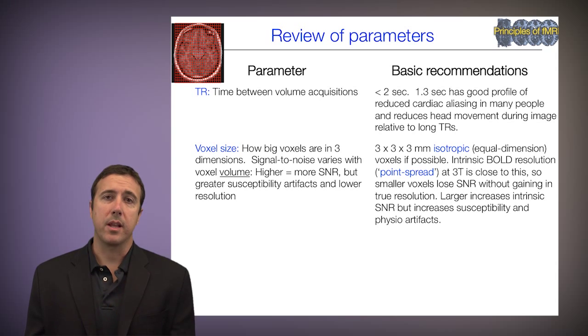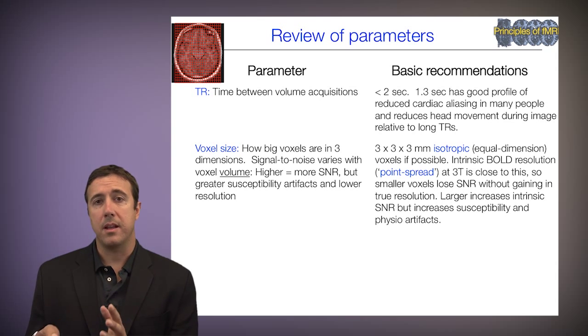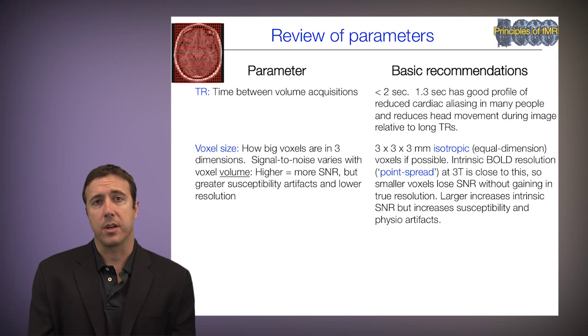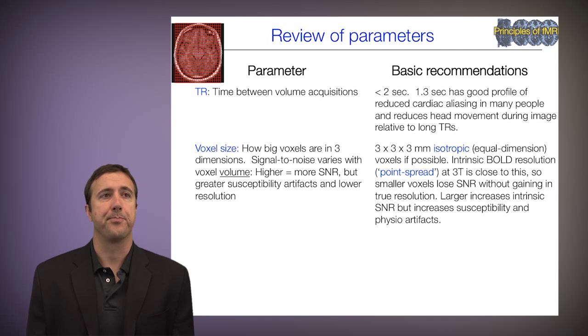Now that may be a rate limiting factor if thermal noise is a big issue, or it may not matter too much because it might be dominated by the physiological noise of moving your head and so forth. So generally down to 1 or 2 millimeters you won't be at the thermal noise threshold usually. But if you really tried to go smaller than that, then thermal noise will become a big issue.